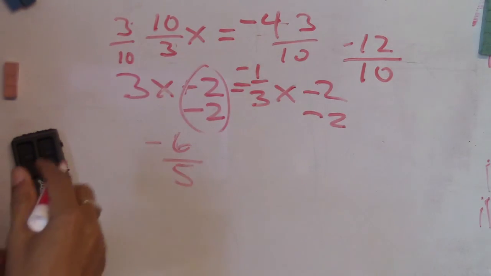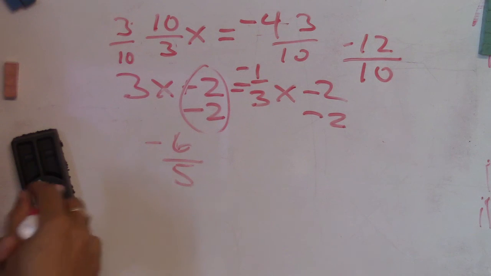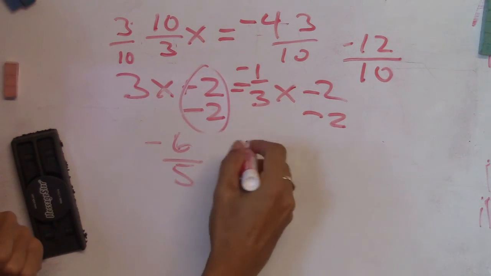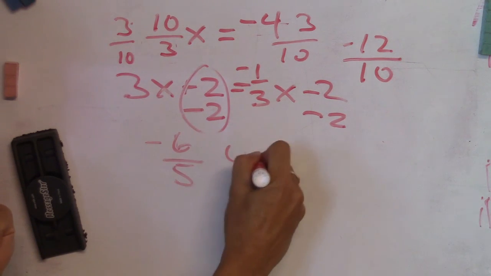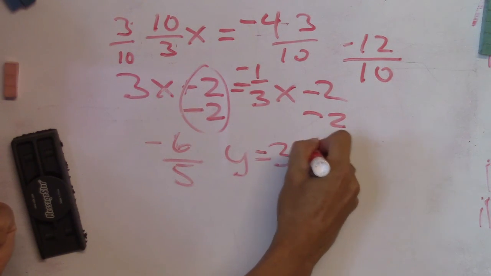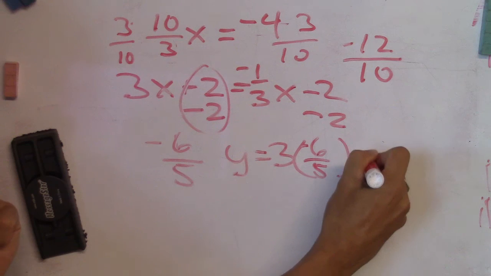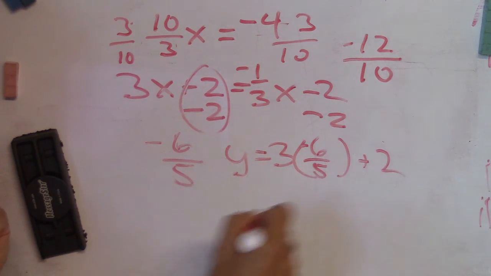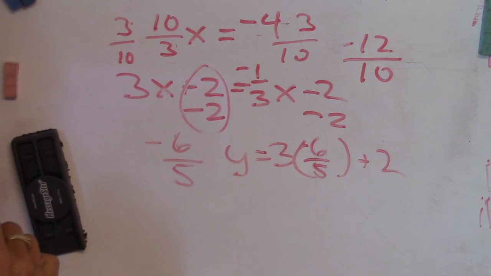Didn't we just solve for x? So now I know that y is going to be the same thing as 3 times -6/5 plus 2. So that tells me what my y is going to be. Well, what's my y going to be? -18/5 minus 2. -28/5, which is negative.